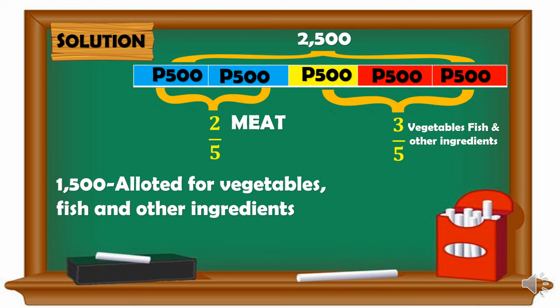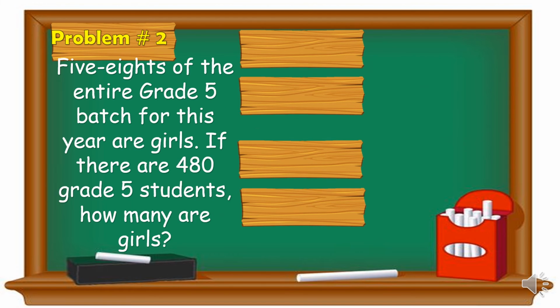But the question is the vegetables, fish, and other ingredients. So we have 3/5. That means 1,500 is allotted for vegetables, fish, and other ingredients, as we solved a while ago. Okay, so let us move on to problem number 2.